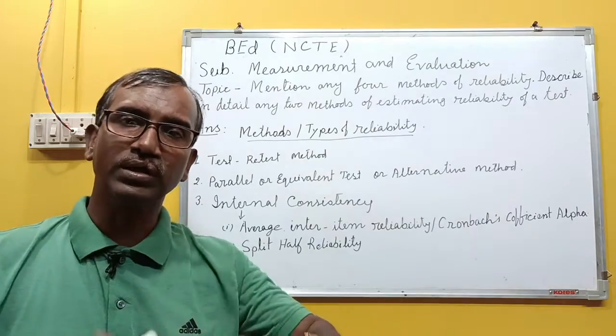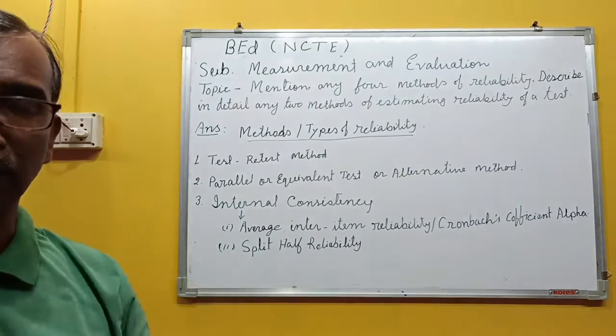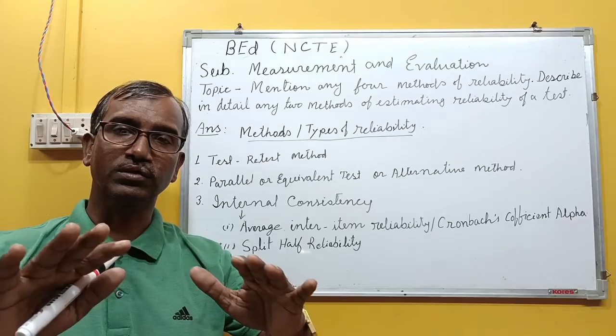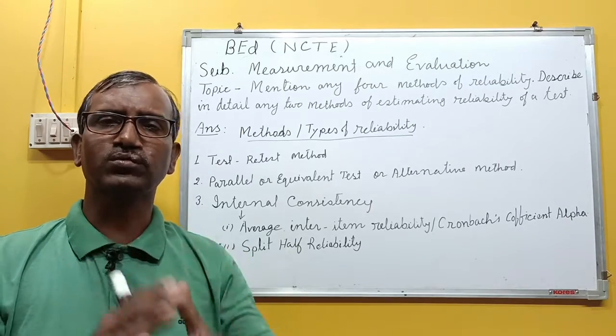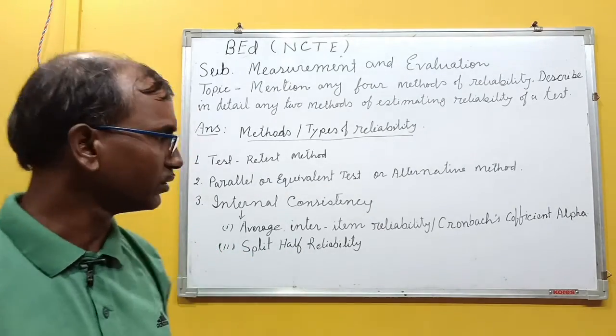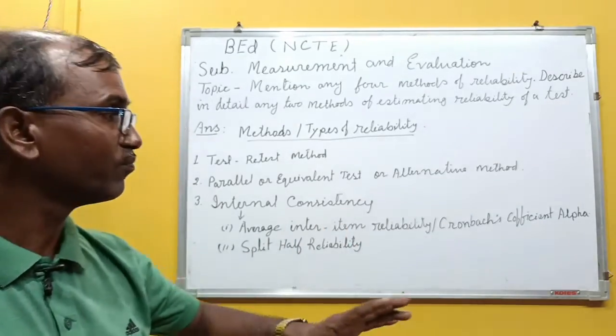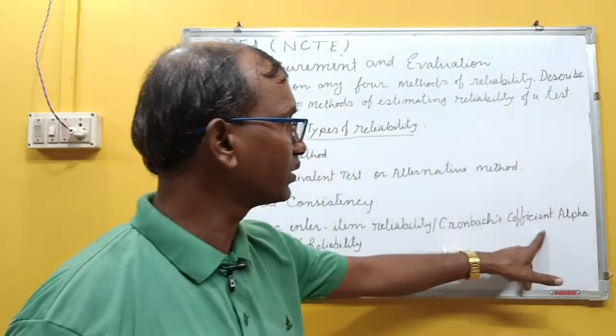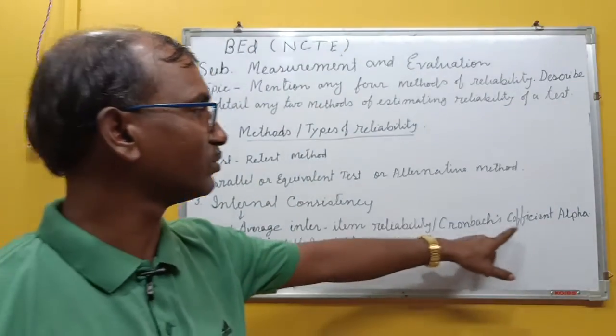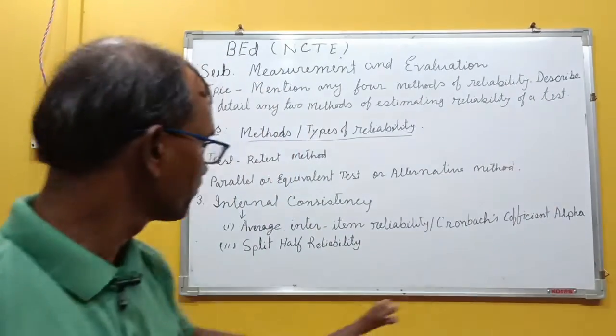And if all the experts say the items are very close to the objective of the test, then we may say that inter-item reliability is there. And the same concept is also established in Cronbach's coefficient alpha.